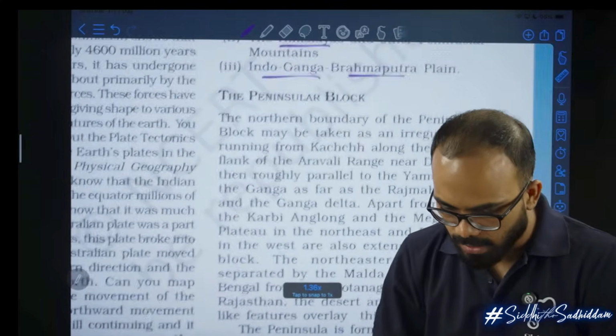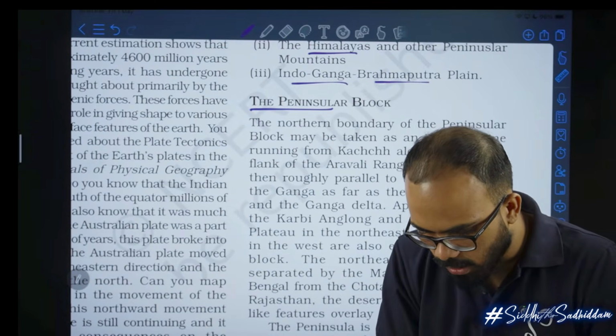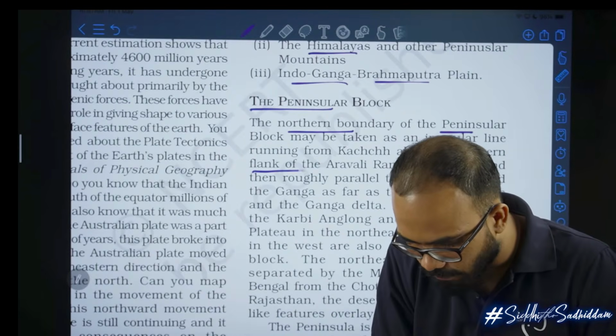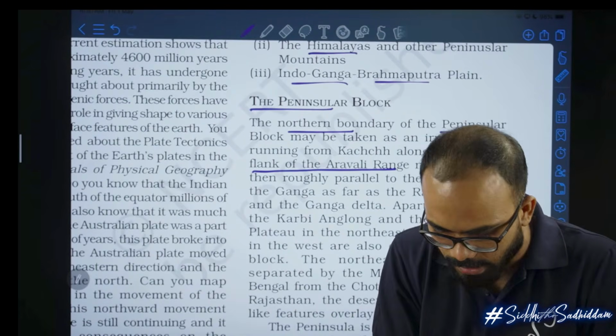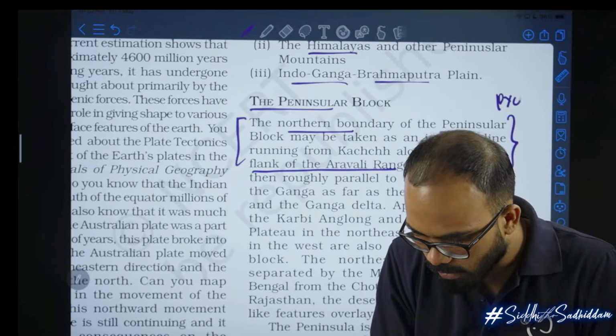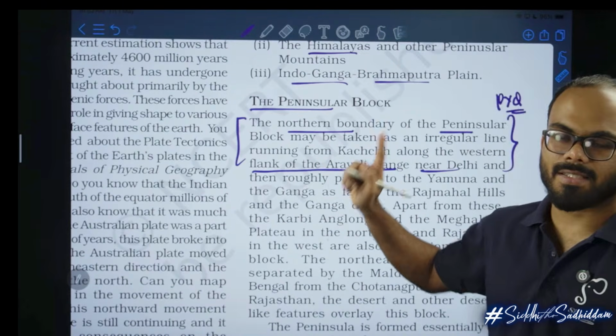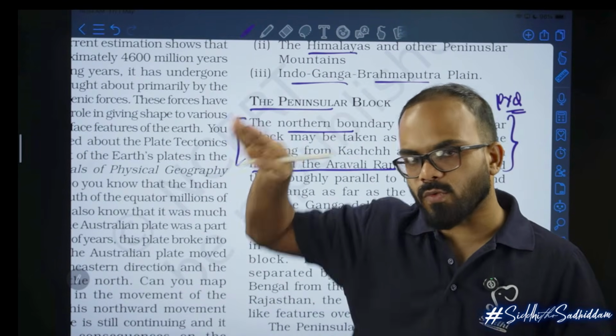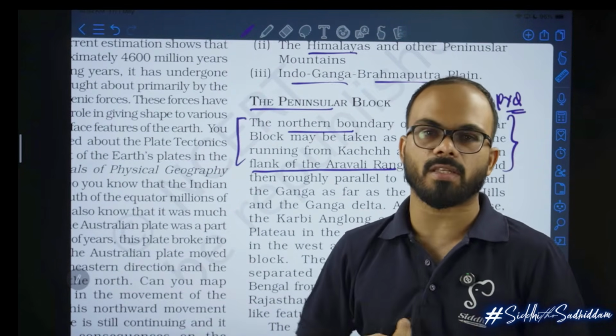Now see, Peninsular block. The northern boundary of peninsular India, you can consider this as the flank of Aravalli range near Delhi Ridge. If you remember, this line was a PYQ. Yesterday there was one sentence on peninsular block where they said Aravalli ranges form the northern border of peninsular block.